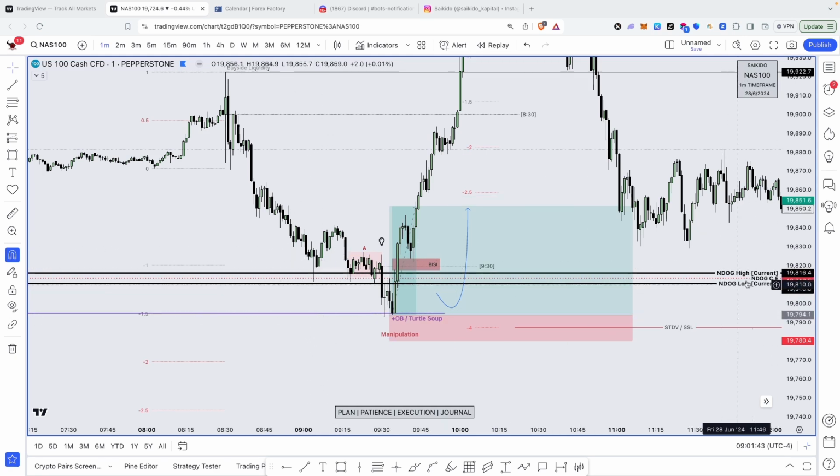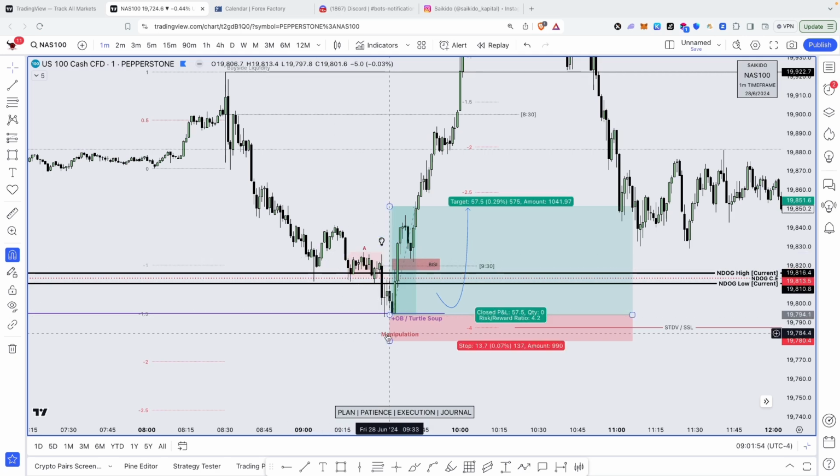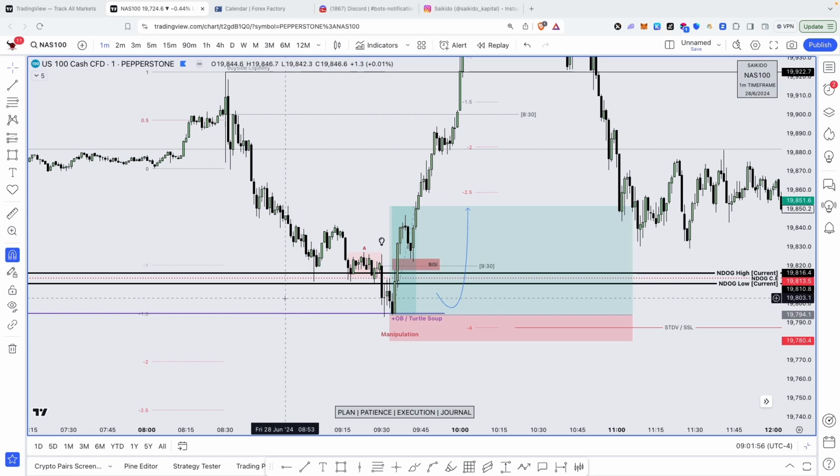And obviously here, the magnet was this new day opening gap, so it created two relatively equal lows, and then there was some sort of accumulation and manipulation into this point of interest, which was the bullish order block, perfectly aligning with the negative 1.5 standard deviation.